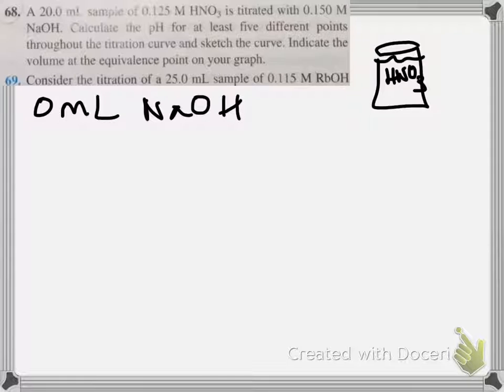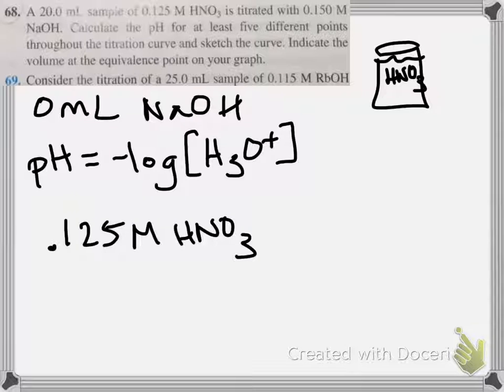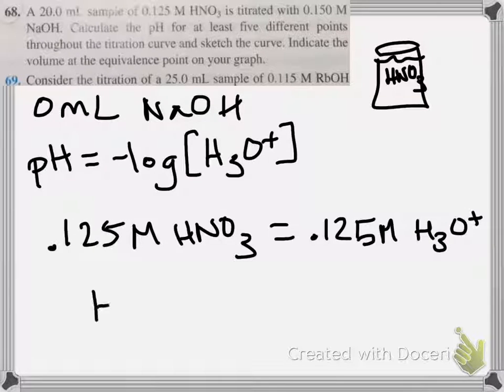And nitric acid is a strong acid, so therefore the pH, as we know, is equal to the negative log of our H3O plus. And in this case, if we have 0.125 molar HNO3, that means we have 0.125 molar H3O plus, because our HNO3 is in water.